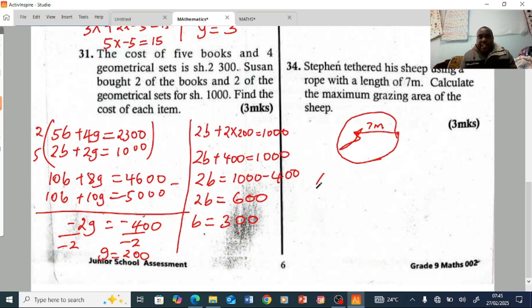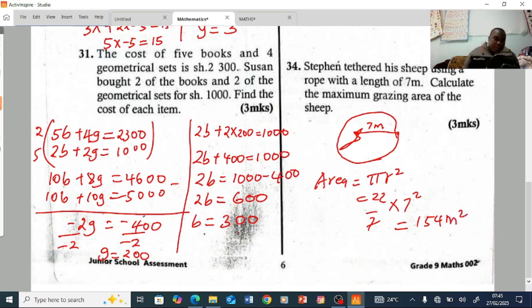So area will be equal to pi r square. 22 over 7 times 7 square. And that is 154 meters square. We cover 154 meters square.